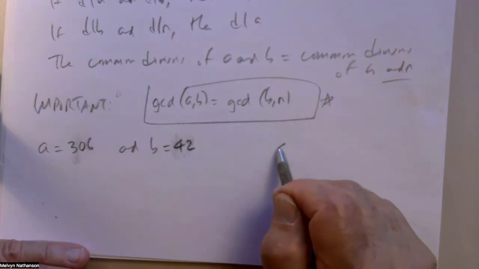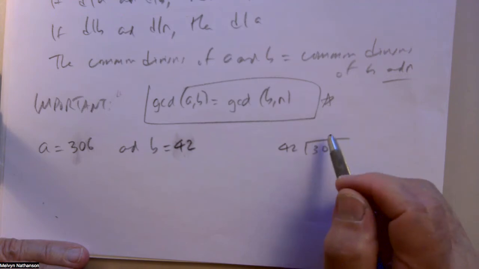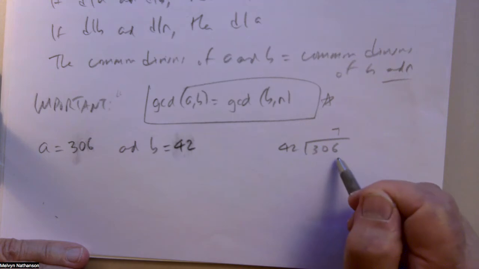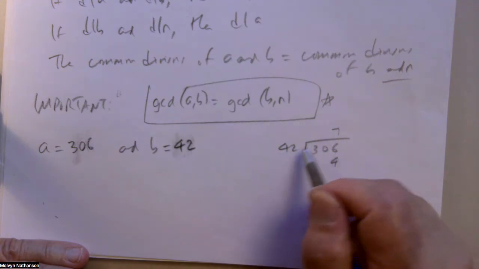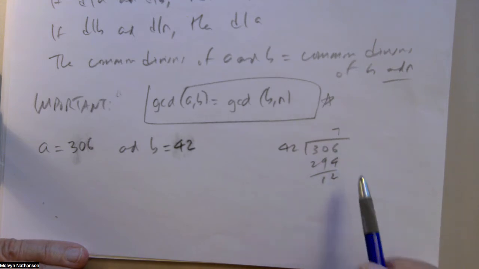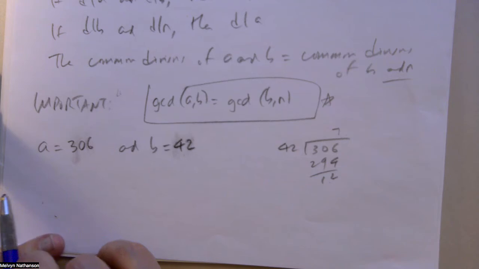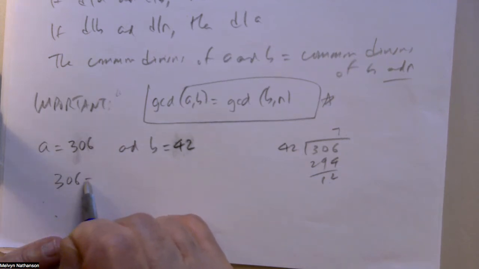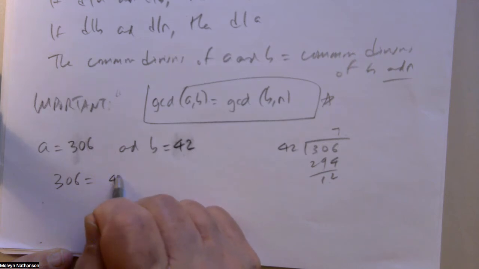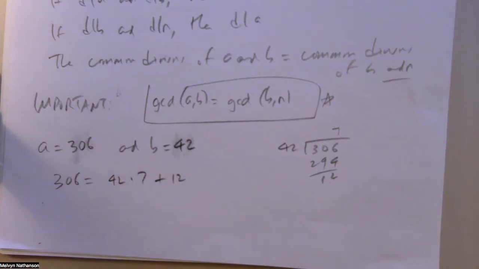If you divide 42 into 306, this goes 7 times, I think. 7 2s are 14. 7 4s are 28, plus 1 is 29. That looks like it goes in 7 times with a remainder of 12. So 306 is 42 times 7 and a remainder of 12.